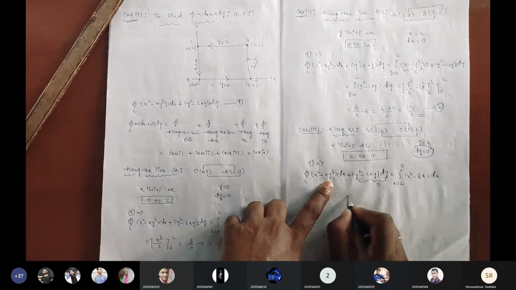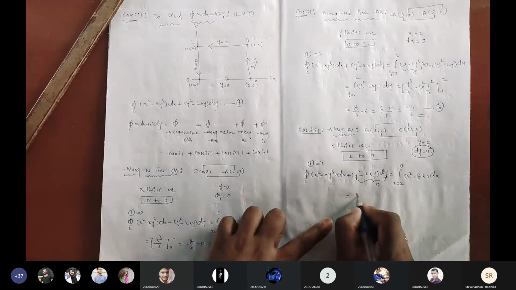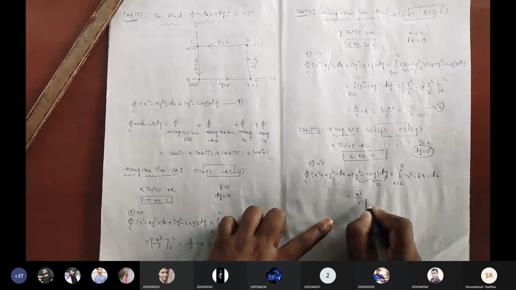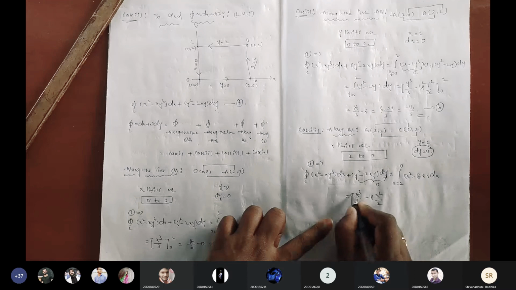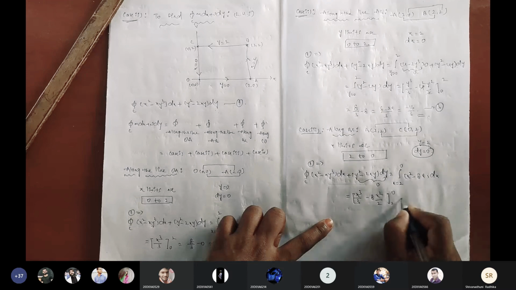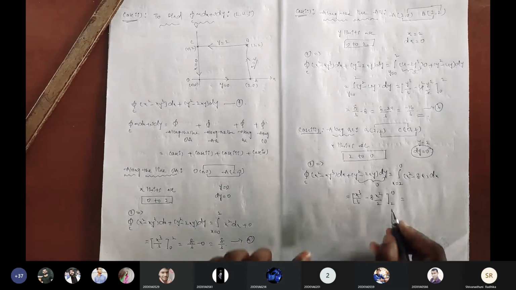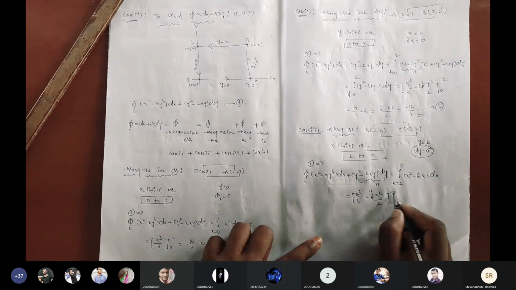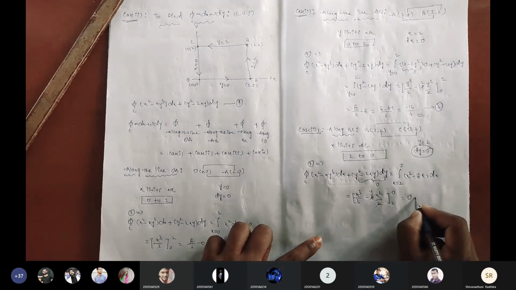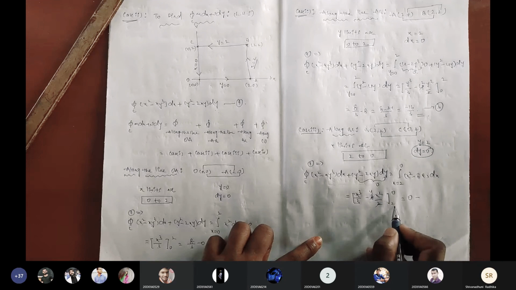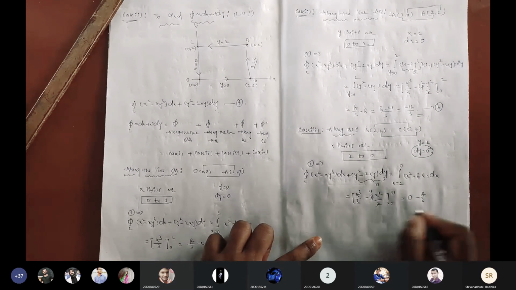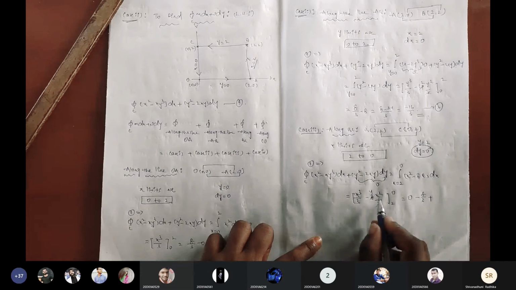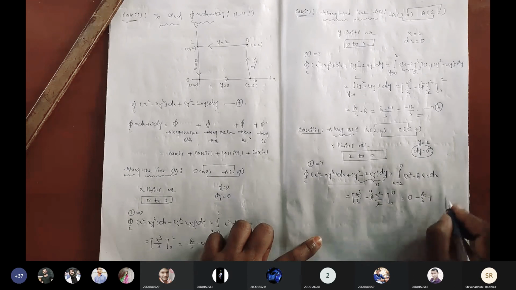Now that equals the integration of x square, which is x cube by 3, minus 8 into the integration of x, which is x square by 2. Here the limits are 2 to 0. Now substitute the limits here. For the upper limit 0, that is completely 0, minus, substitute the lower limit 2 here: 2 cube is 8, so 8 by 3 minus 8 into 2 square by 2, that is 4 into 4, 16. So what is the value here?